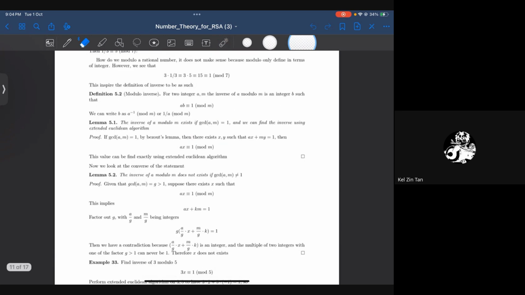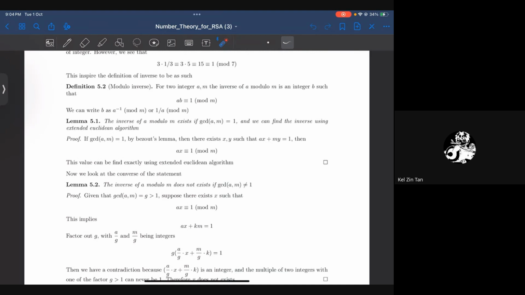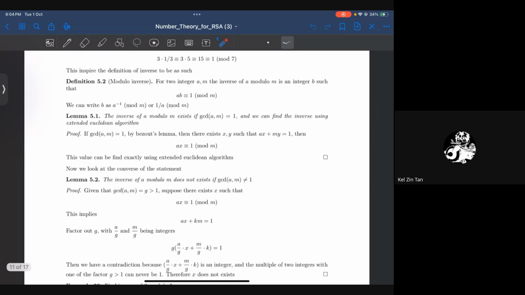Then we also proved that the inverse of A modulo M exists if and only if... actually, we only proved the if statement. Basically, if the GCD of A and M is 1, then by Bezout's lemma, there exist x and y such that ax plus my equals 1.